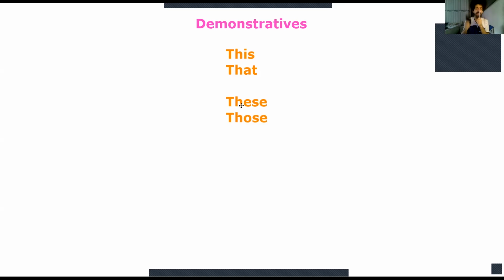These, this, these, this. And when we are talking about that and those, that is singular, those is plural. So that pen, distance, those things, they are distance, but they are plural.